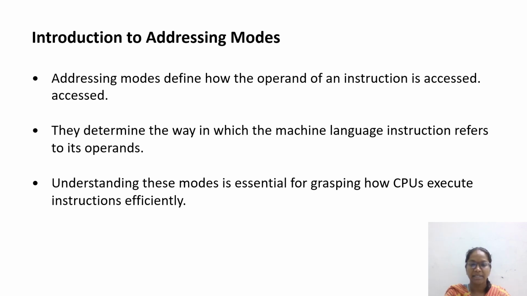They determine the way in which machine language instructions refer to their operands. Understanding these modes is essential for grasping how the CPU executes instructions efficiently. These addressing modes are used for accessing the data in the memory.